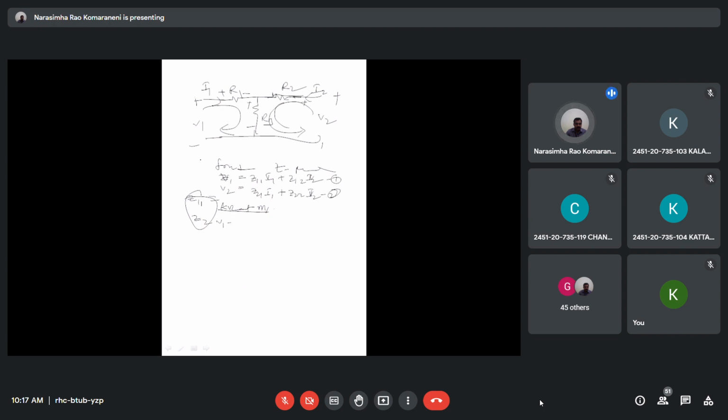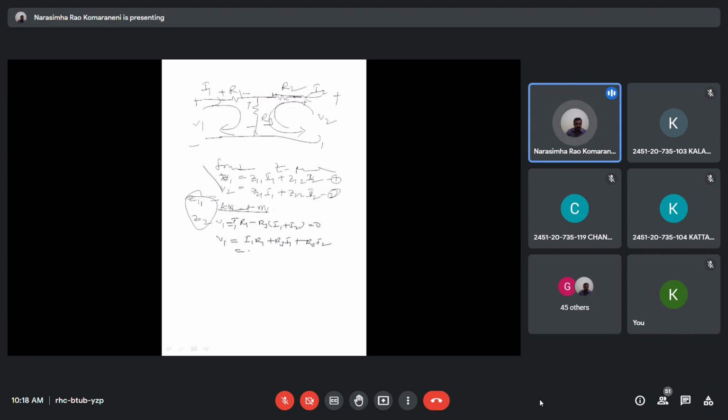Now is it okay? V1 minus I1 R1 minus R3 of I1 plus I2 is equal to 0. So therefore V1 is equal to I1 R1 plus R3 I1 plus R3 I2.